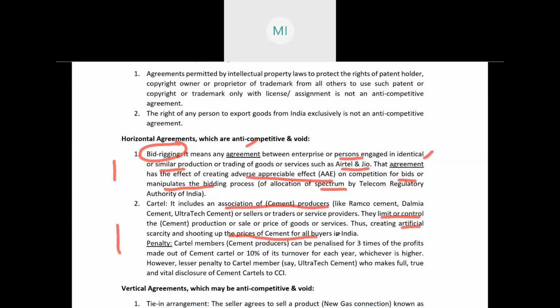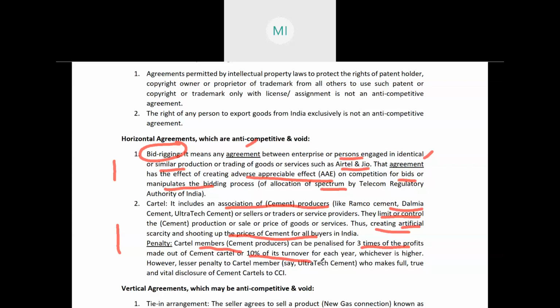So this is what we call a cartel. A cartel is acting together to limit or control the production, thus increasing the prices of the product. In this case the cartel members, that is the cement producers, were penalized for three times the profits made out of the cartel, or 10% of the turnover for each year, whichever is higher.